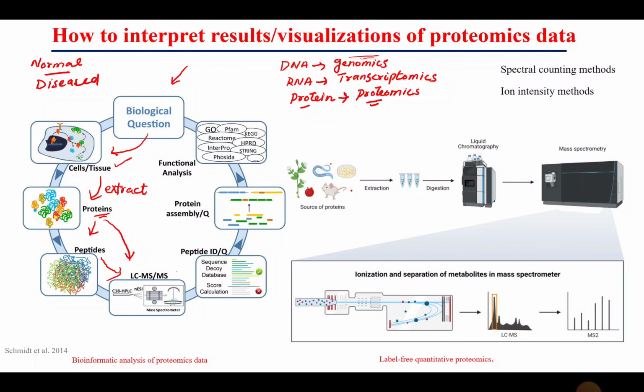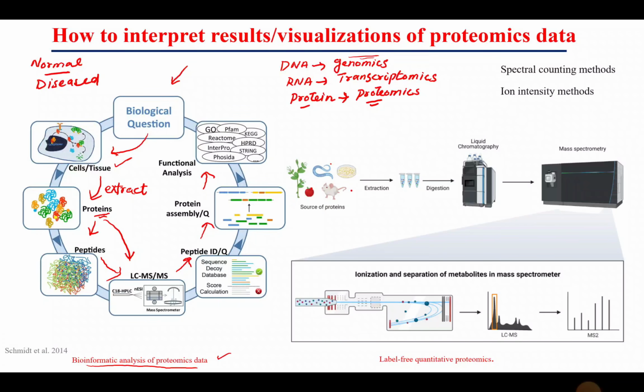After that, we deploy different genomes and find which peptides these peptide sequences match, and then we find their assembly, and after that we do their function analysis. That is why we call it bioinformatic analysis of the proteomics data.